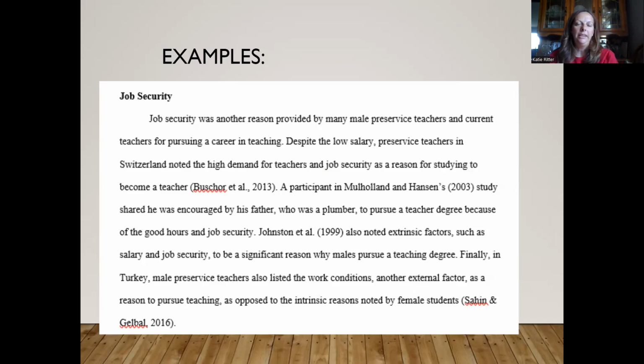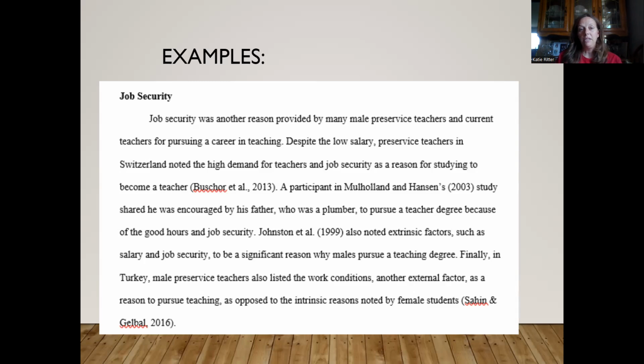All right, so let's look at this paragraph and how this is cited. Here at the end, you can see that I have cited it in several different ways. The first example, this sentence says, despite the low salary, pre-service teachers in Switzerland noted the high demand for teachers and job security as a reason for studying to become a teacher. And this was done by Bouchard et al., 2013.